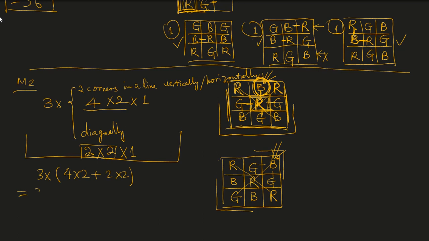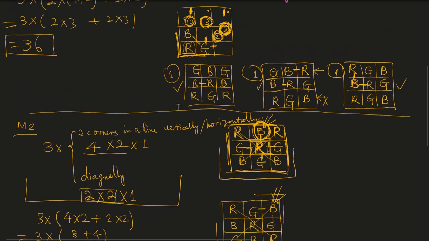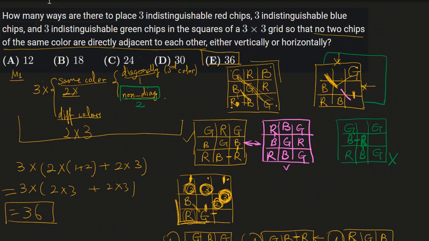Alright, then we have 3 times the first 4 times 2, that's 8, plus 4. And that equals 3 times 12, which is 36. This is our final answer. And now let's look at the choices. So again, we have the choice E as our final answer.